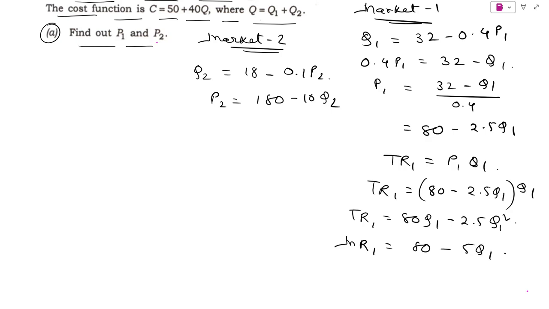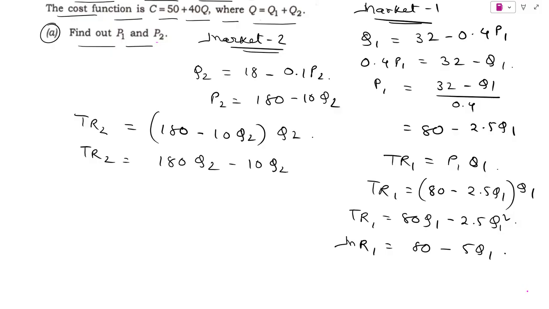And for market 2, similarly, TR2 is (180 minus 10 Q2) into Q2, so TR2 is 180 Q2 minus 10 Q2 square. Now differentiate. MR2 will be 180 minus 20 Q2.